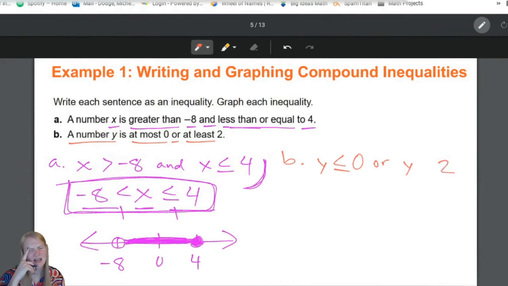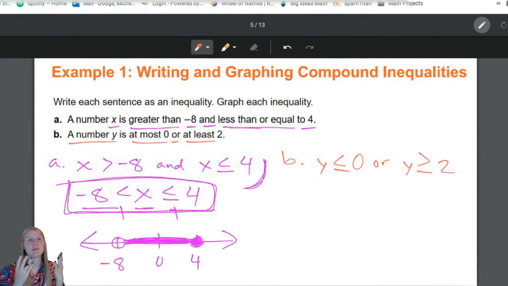Let's see. At least means if I want at least 3 pieces of French toast, it means I could have equal to 3 pieces of French toast, or I could have more than. So at least 2 means 2 or more than 2. Okay, I had to think that one through to know.